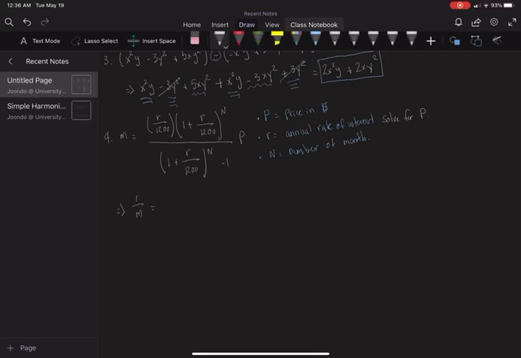So it's going to be 1 times R over 1,200 times 1 plus R over 1,200 to the nth power, divided by 1 plus R over 1,200 to the nth power minus 1.